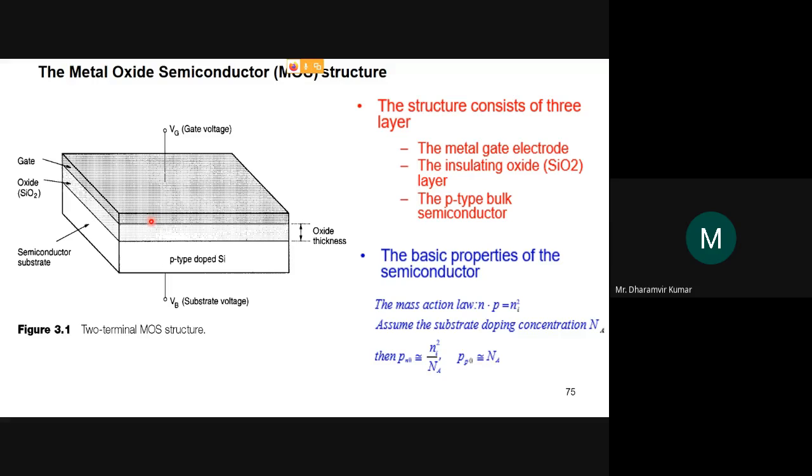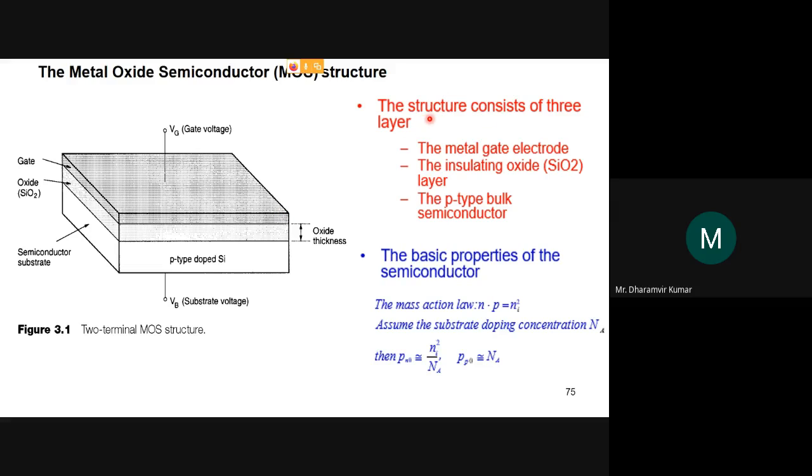Be it this thickness or this thickness or this length or this width, all of these can be described in terms of some nanometer dimensions.